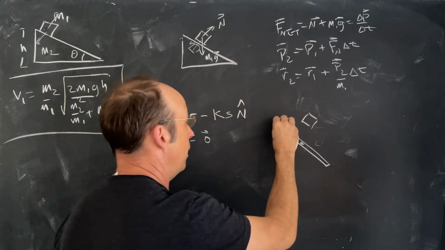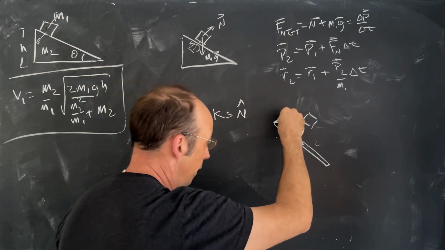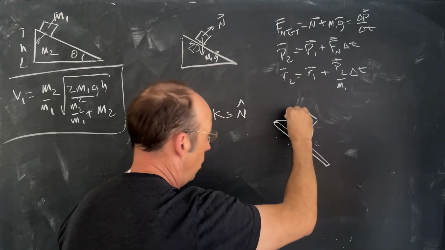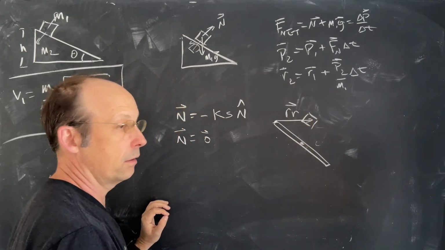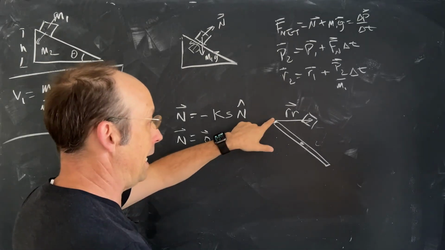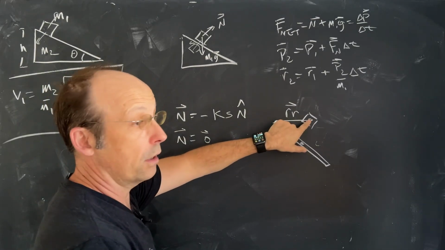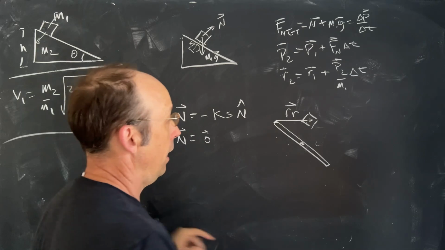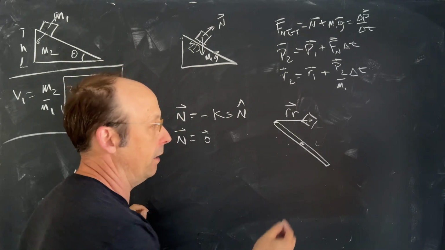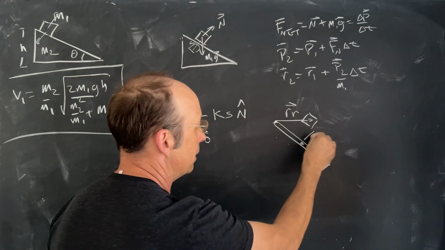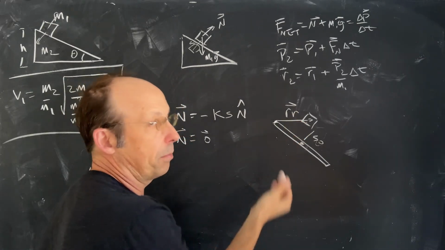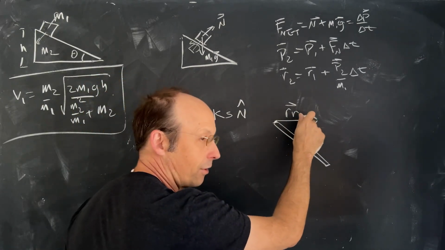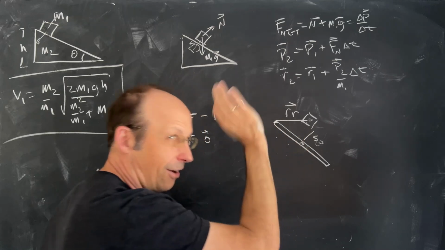I'm going to find a point up here, and I'm going to call this the vector RR. RR is a vector from the end point to the middle of the block. And then wherever that block is, I can find this distance S0. It's going to be the initial height above there. It's going to be right on the plane, but it's going to the center of the block, and I got the center of that.